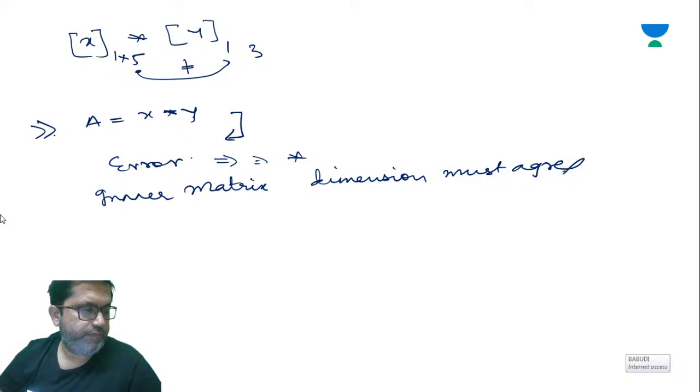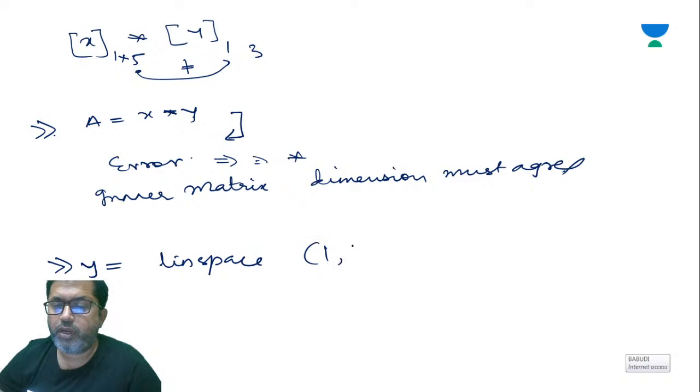Okay, so this is the error. Suppose I say y equals linspace(1, 3, 5). What will I get for y? This is the first value, this is the last value, and these are 5 numbers.